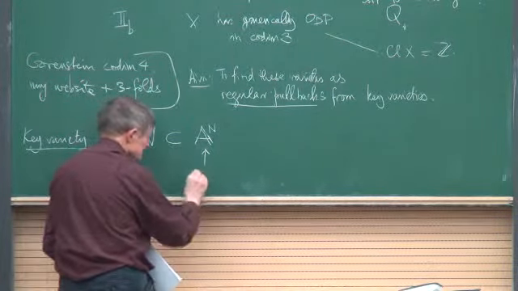Yeah? And I insist that this is regular, which means that I want this F here to be a non-zero divisor in a non-singular ring, in a regular ring. F is a non-zero divisor.